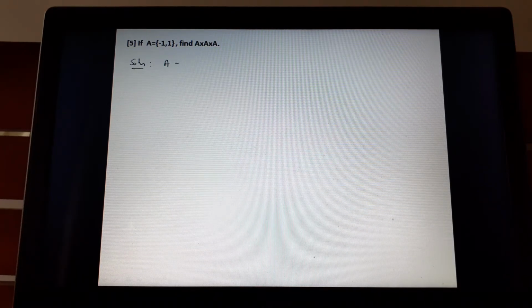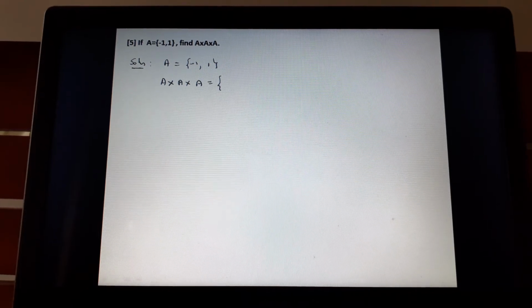So A equal to {-1, 1}. Now we have to find A cross A cross A. First let us fix the first element as minus 1. Second element is also minus 1. Third one is 1. So this is one ordered triplet.